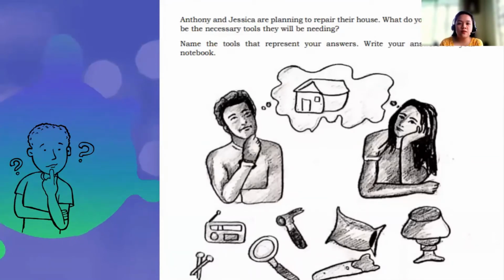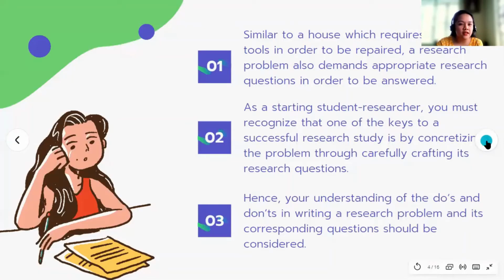What do you think should be necessary tool they will be needing? So the tools that they are going to need are the research questions, of course. Paano mo i-repair yung bahay? So that is your question. Ano yung kailangan mo? So the tools represents the research question and the repair of their house represents a research topic.